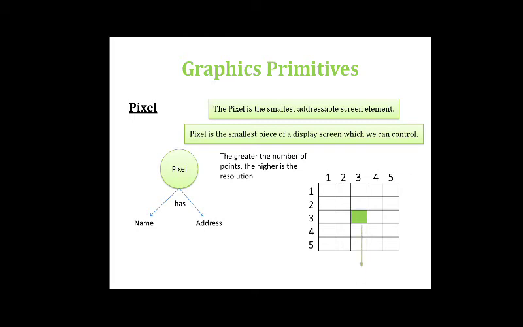The coordinates I am reading as i and j, that is row and column. What is the row? 3. What is the column? 3. So, what is the address of that particular pixel? 3 by 3, or 3 comma 3. This is the address of that particular pixel. It is a small screen element, but a very important element for graphics. So, it is called a graphics primitive.